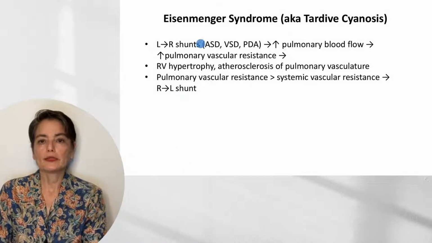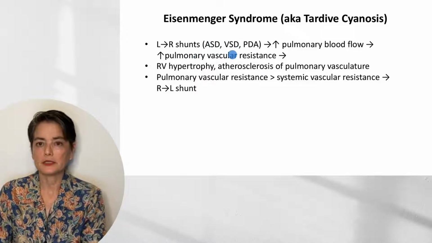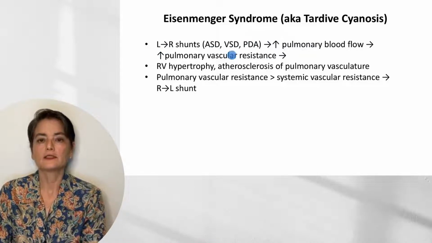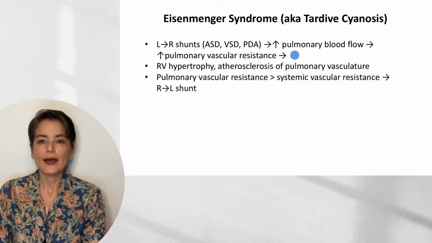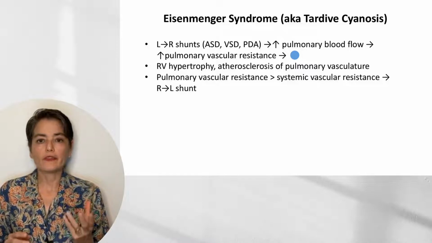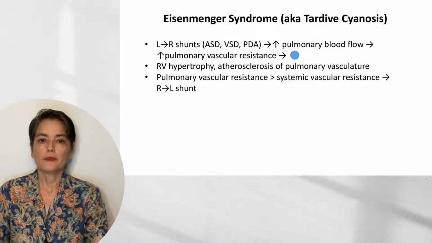So again, we have a left to right shunt, such as an atrial septal defect, ventricular septal defect, or patent ductus arteriosus, increasing our pulmonary blood flow and our pulmonary vascular resistance. When that happens, the right ventricle, usually thin-walled and floppy, is going to start building up and becoming stronger and thicker.